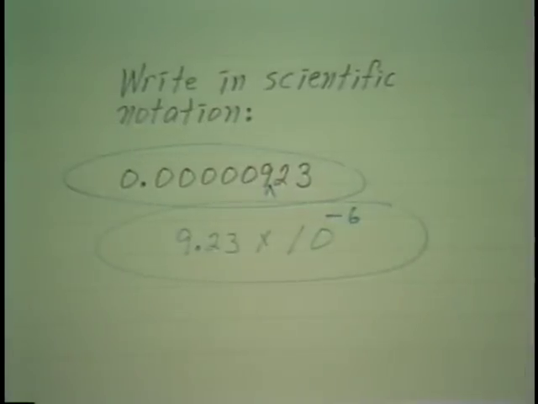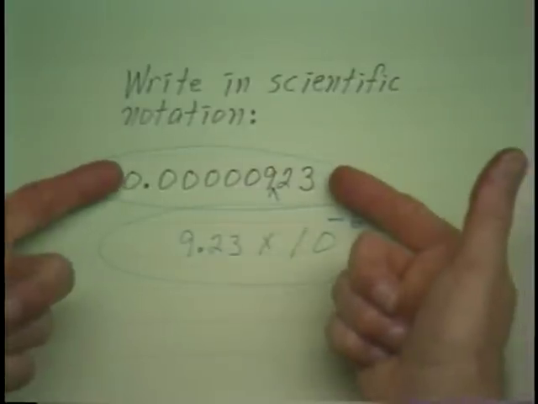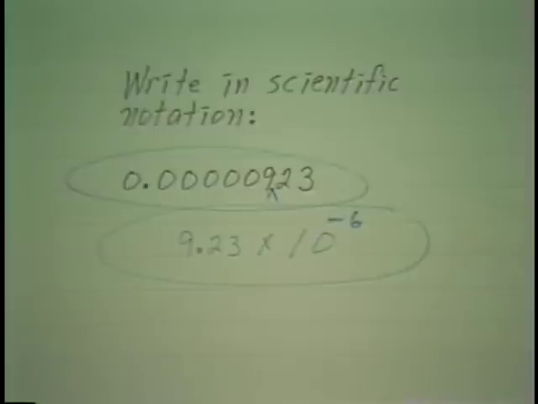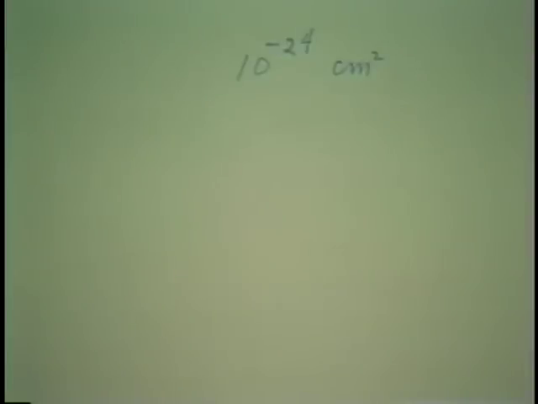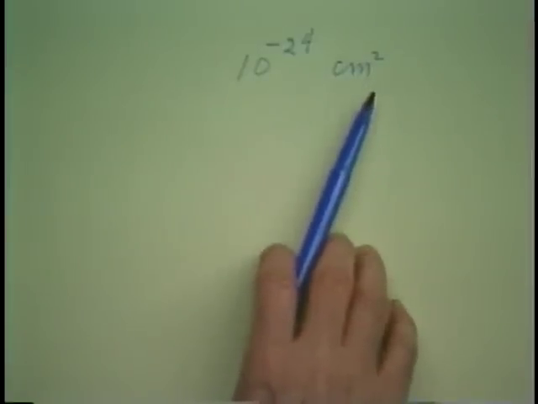In later lessons and this extended lesson, you will see this being used on the calculator and to express extremely large and extremely small numbers, which would be almost impossible here. Just one short example. This is a number used in measuring the cross-sectional area of atoms.